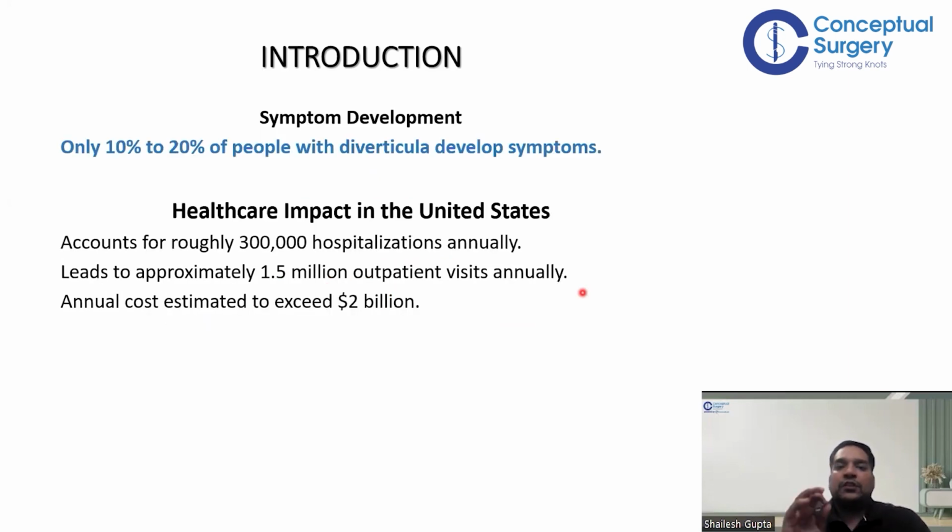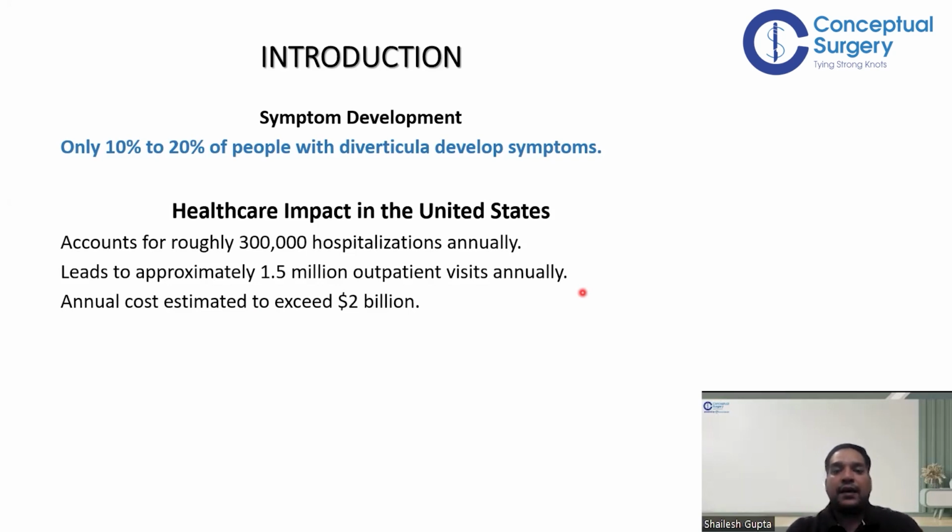So now this is very important point कि only 10 to 20% of people with diverticula develop symptom. So इसकी prevalence तो बहुत ज़्यादा है, but symptomatic diverticula का जो हमारा ratio है वो less है. So 10 to 20% of people with diverticula will develop symptoms. 80%, 90% नहीं होंगे.